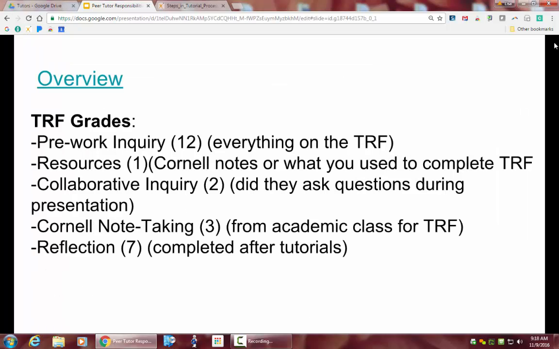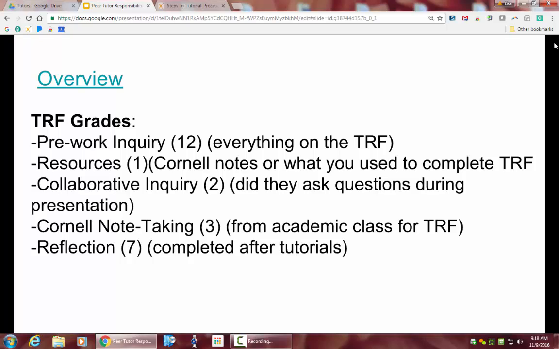So as you know, you've been working with the TRF enough to notice that you are being graded on different areas of the TRF. If you look at the very top of the TRF, the points all come from different areas. The pre-work inquiry is everything on the TRF, so when you're being graded on it, it is to ensure that everything has been completed on the TRF.